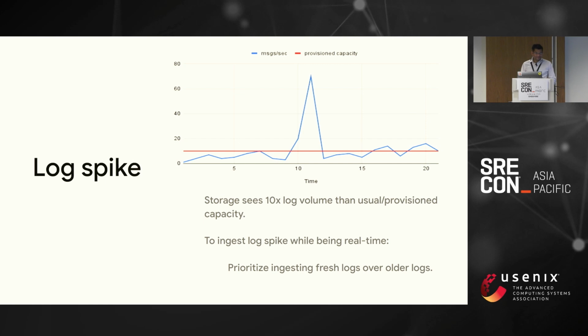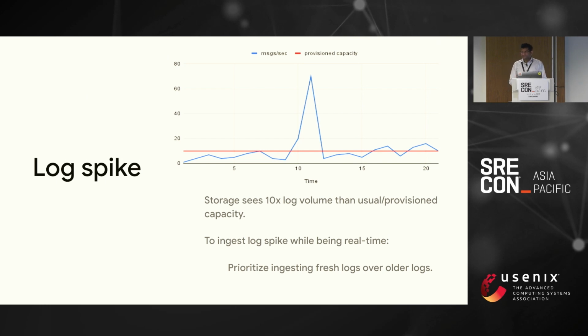So to ingest these logs during a log spike in real time, there is no other solution other than scaling up the clusters or scaling up the storage, right? But there is only fixed capacity, and scaling up storage takes time. So what Kaldb does, or what any system can do at this point, is prioritize indexing fresh data over older data.